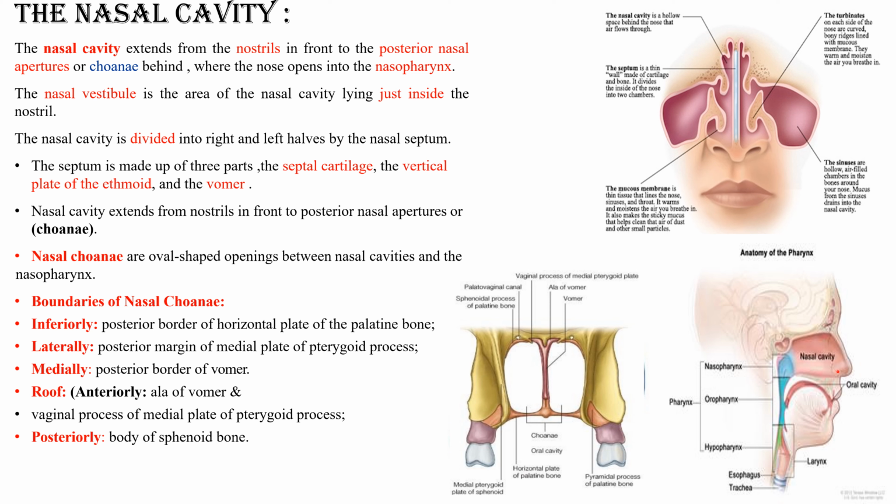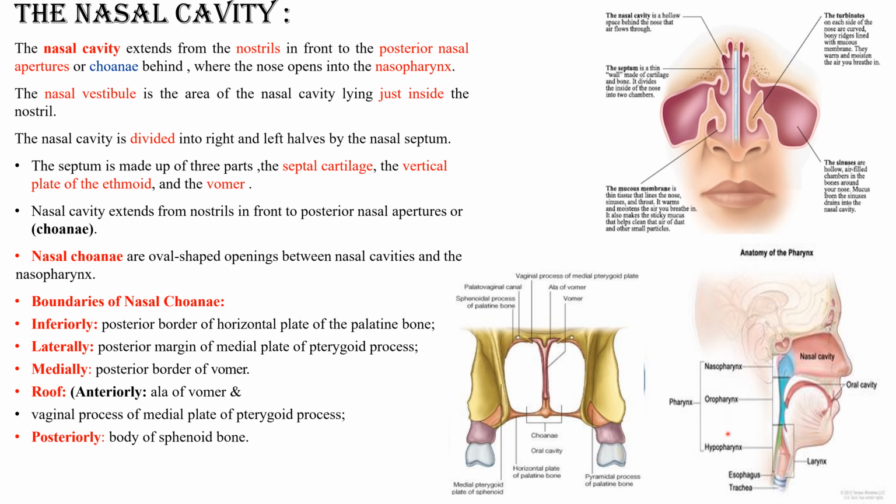This is the nasal cavity, and it is the beginning of the pharynx. And this is the internal door of the nose, which is called the nasal choanae, or the nasopharyngeal aperture.